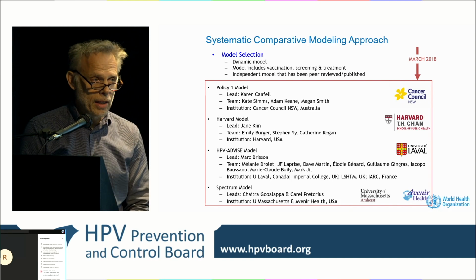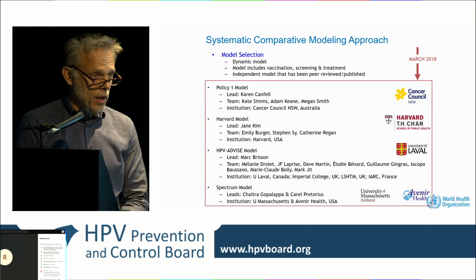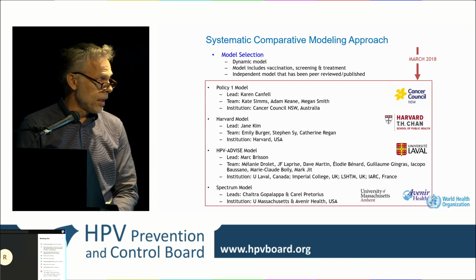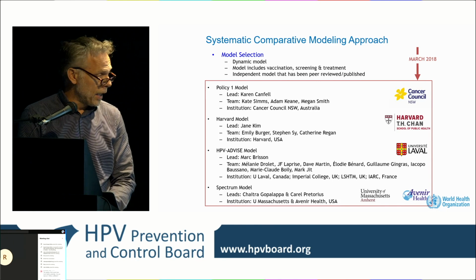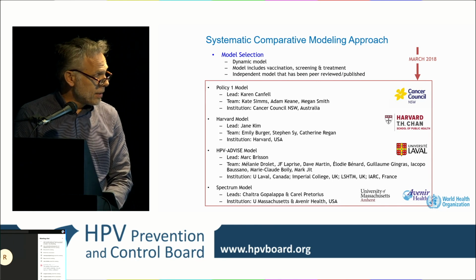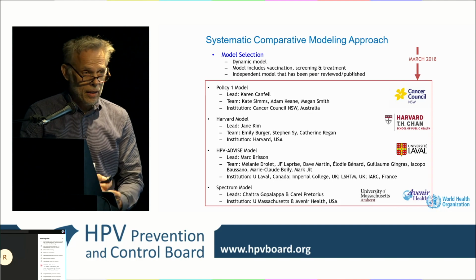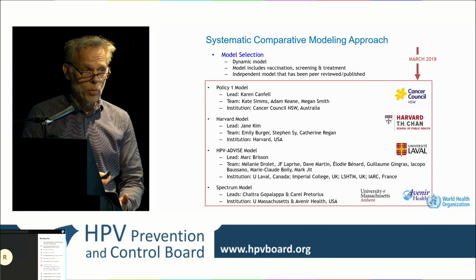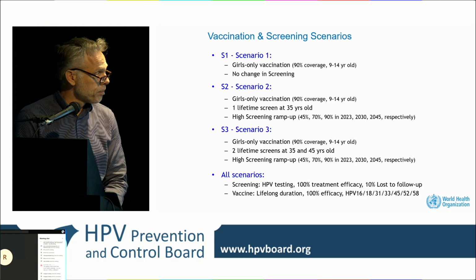So we're doing specific modeling for HIV positive women to see whether this group in certain countries, particularly in Africa, needs additional vaccination and screening and what that could mean. These 3 models were compared, and in the end people brought together many of the assumptions so that there is one overall model used for the global modeling.